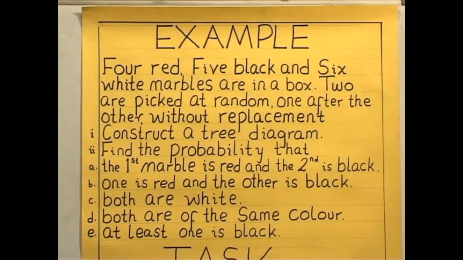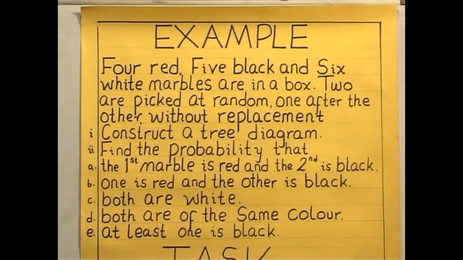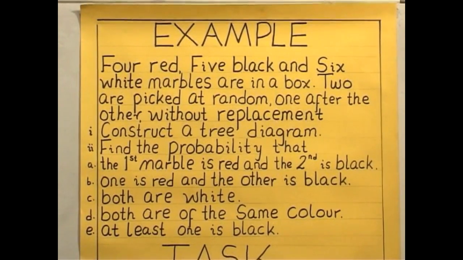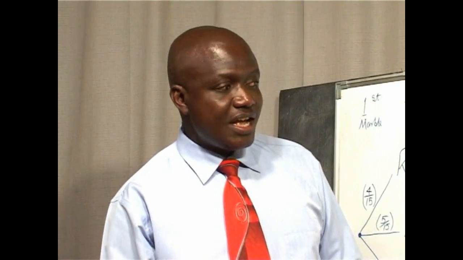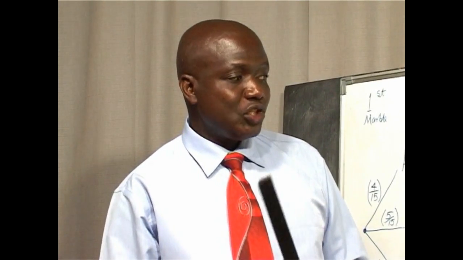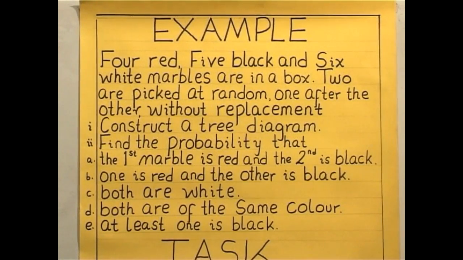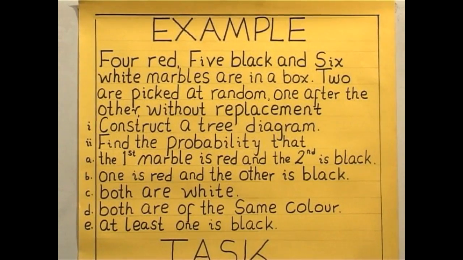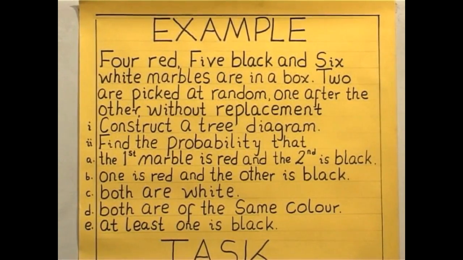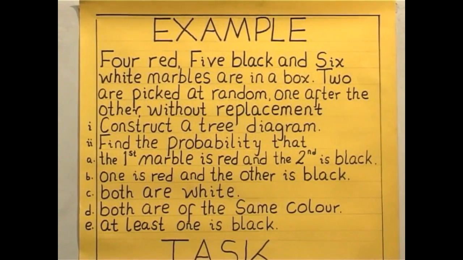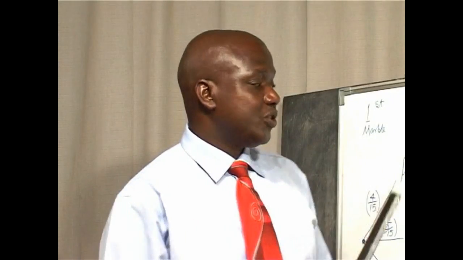Part B, one marble is red and the other one is black. Please mark the statements clearly because sometimes the language might be confusing, so we have to be very clear. Part C, both marbles are white. Part D, both marbles are of the same color. Then lastly, part E, at least one of the marbles is black. So we'll get to see how we use our tree diagram to answer these questions.